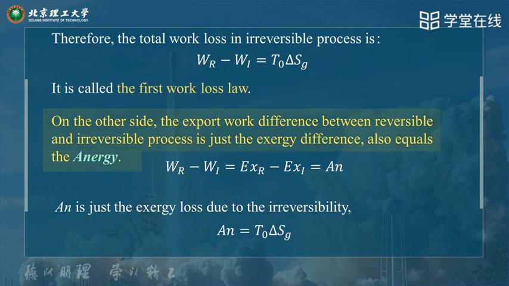On the other hand, the export work difference between reversible and irreversible process is just the exergy difference. So WR minus WI equals the exergy difference, EXR minus EXI, just same as energy.